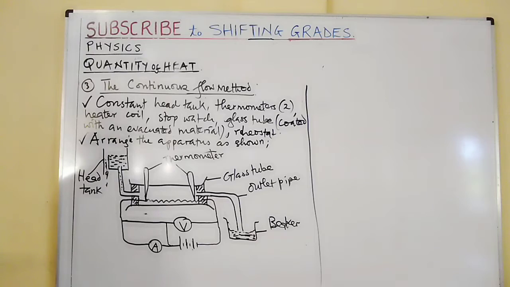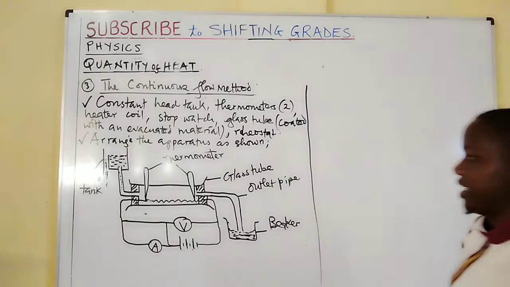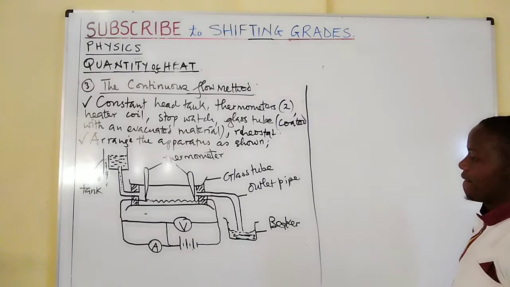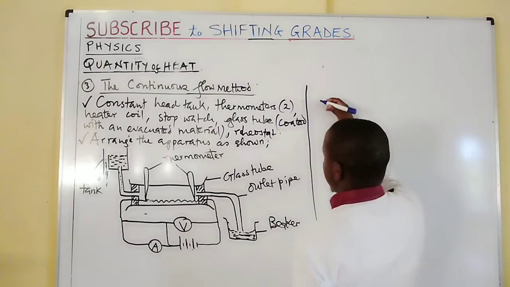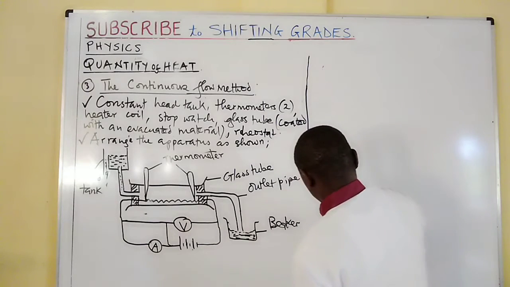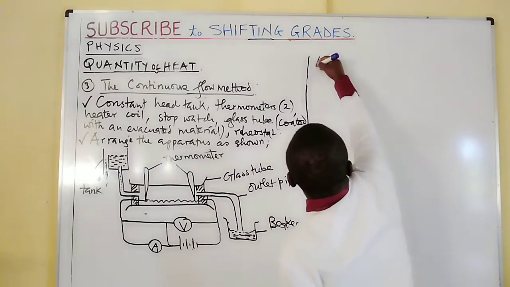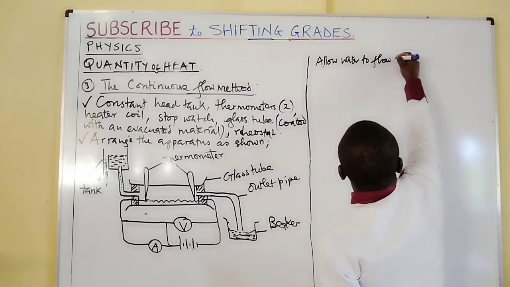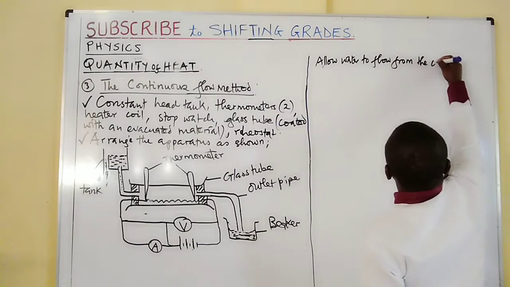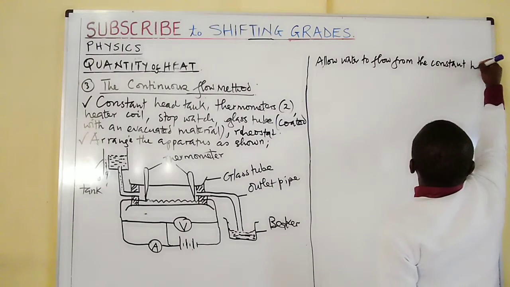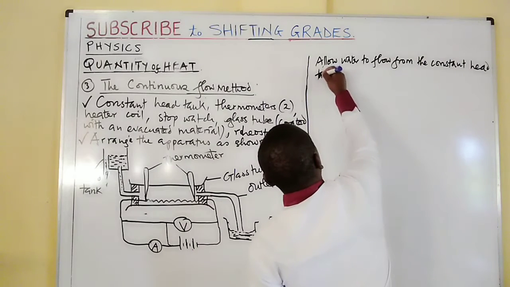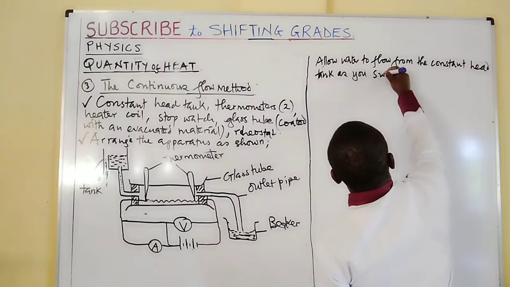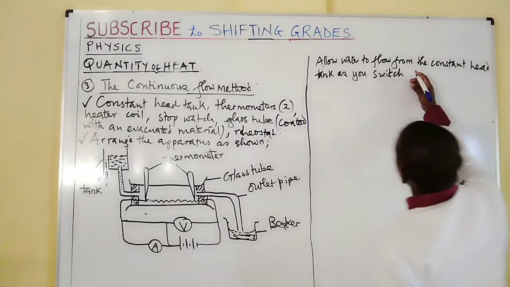So now the procedure here: when you set up the apparatus like that, you first allow water to flow from the constant head tank as you switch on the current.